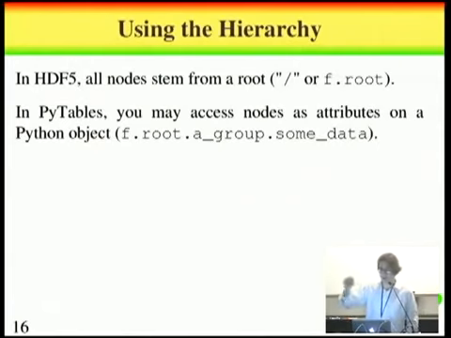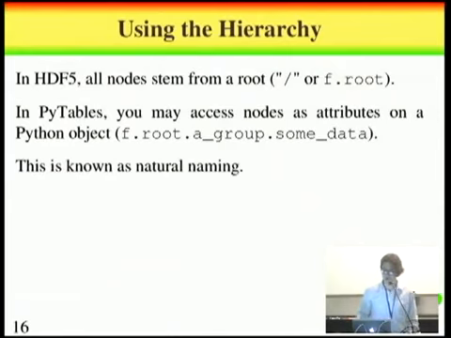You can access in PyTables other elements of the hierarchy, much like you would access attributes on a class in Python, or exactly like that. So elements of the hierarchy become attributes of your Python objects. So in this fictional example, you would go to the root group, and then from the root group you might have another subgroup, just called group here, and then you might have an array called some_data, and that would get you back that data.